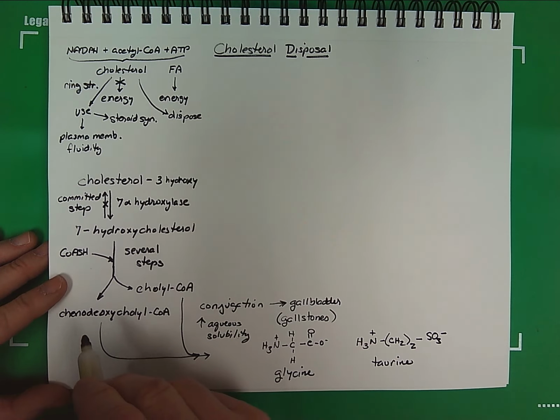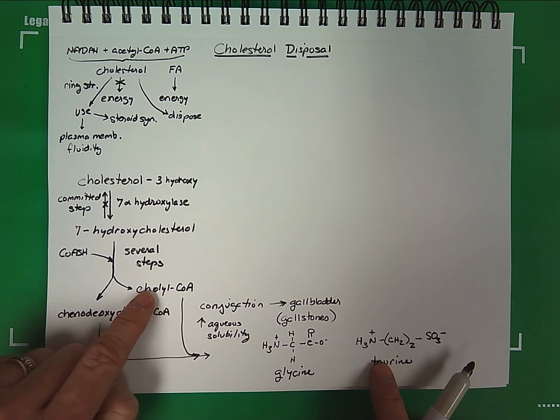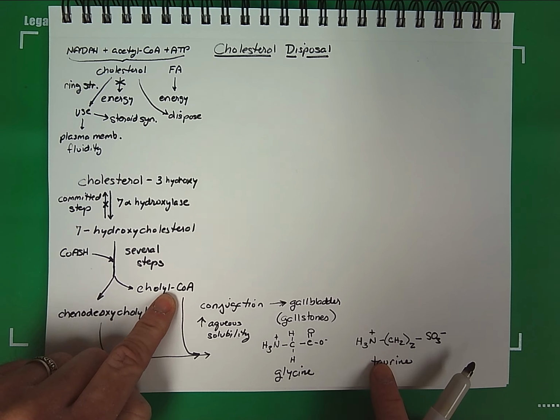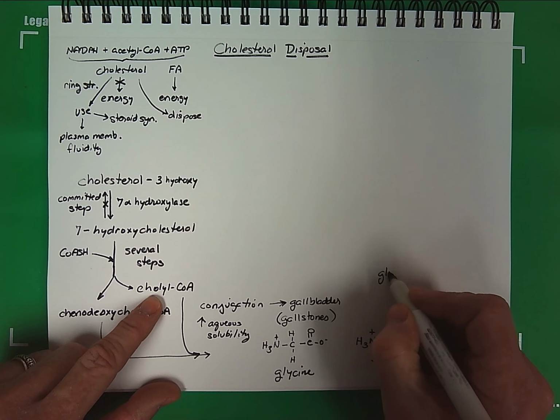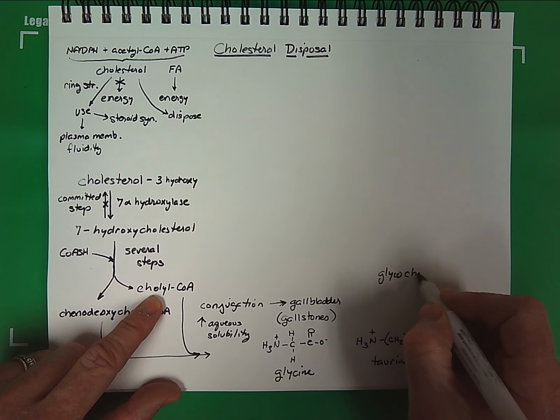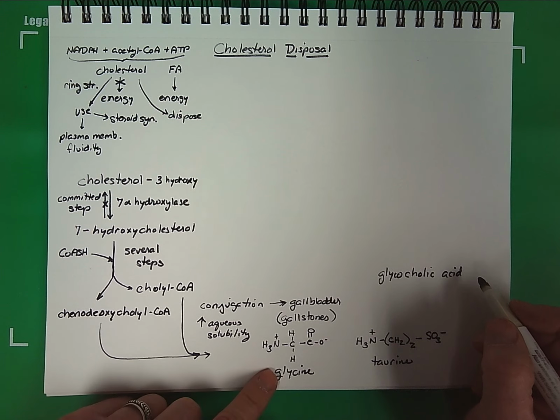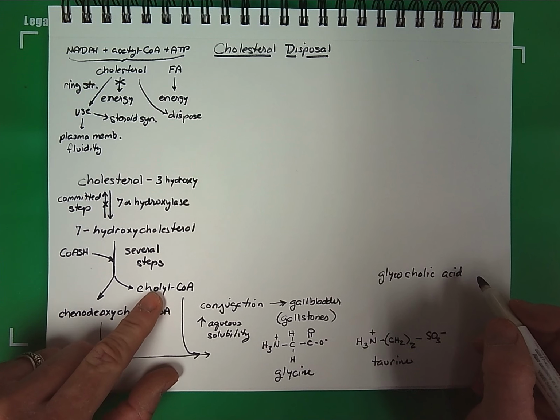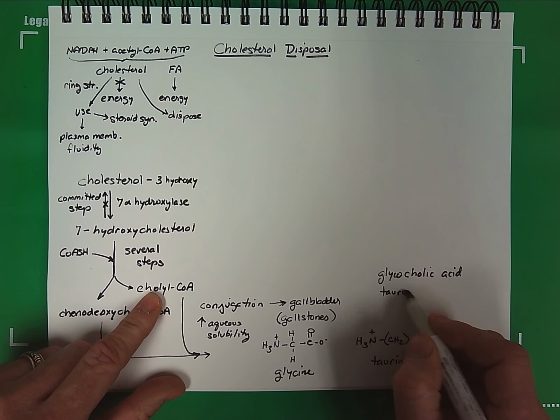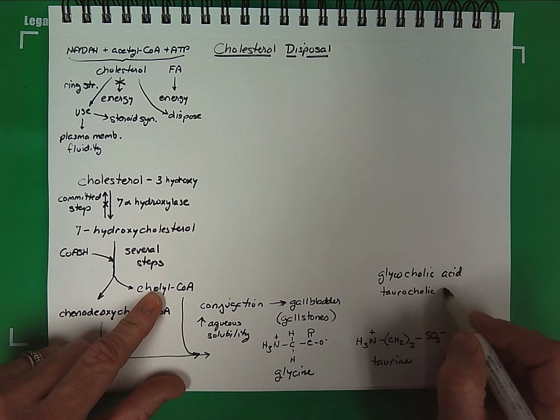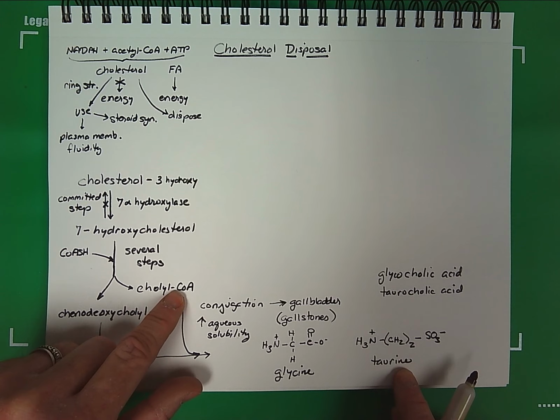So by conjugating these molecules to chenodeoxycholyl-CoA or to cholyl-CoA, we will generate the respective molecules called glycocholic acid, if we attach glycine to, say, cholyl-CoA, or taurocholic acid, if we add taurine to cholyl-CoA.